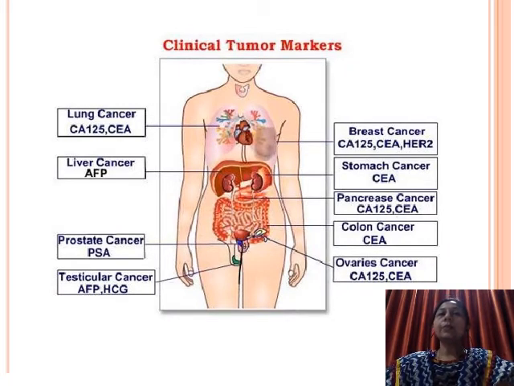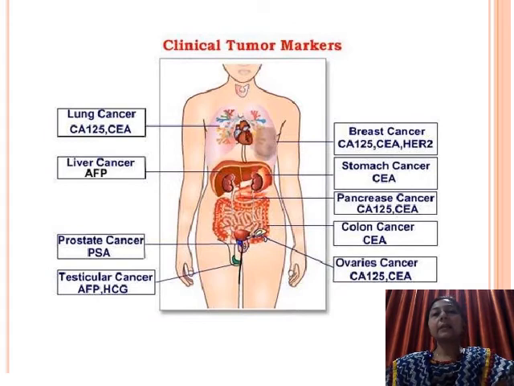So clinical tumor markers are like this. If you can remember, it's well and good. If you cannot remember, it's fine for your level. But for the PG level, it is very important to remember that breast carcinoma has certain specific tumor markers, stomach cancer has specific tumor markers, and ovary has specific tumor markers, which support our definitive diagnosis.